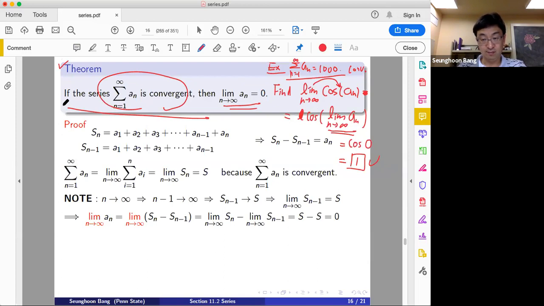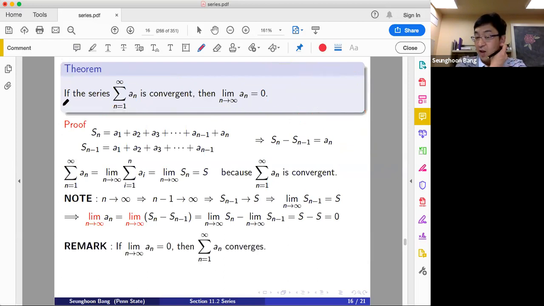The next one. If the limit as n approaches infinity of a_n equals 0, then the summation from n equal to 1 to infinity of a_n converges. Is this statement true or false? True or false? What is your answer? You can choose one out of 2 answers.